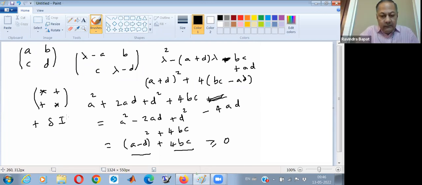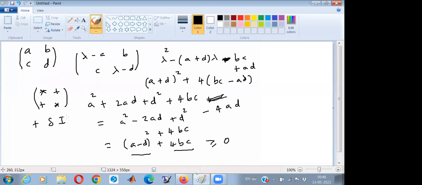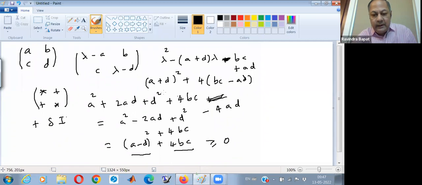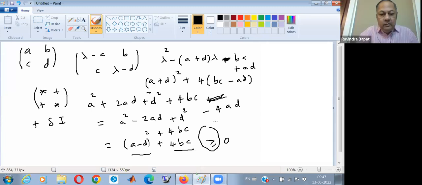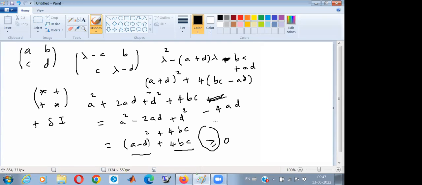Sir, so even if they're complex, the same thing should work? No, I'm not sure, because we are adding anyway, so we can subtract that part in the inductive part. I'm not very sure because of this inequality. When we are adding delta times identity, at that time we can adjust the complexity, so only if the diagonals are complex. You mean if there is i, you want to add minus i? Something like that.